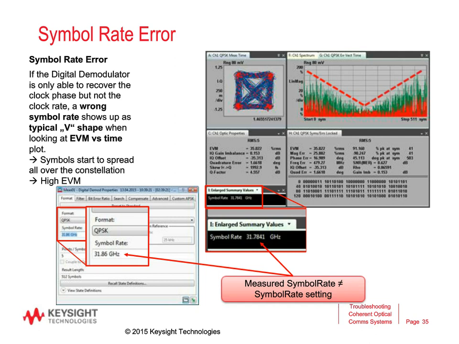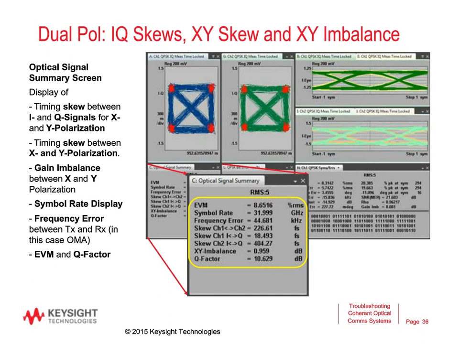We can even provide analysis on dual polarization signals. Again, IQ skews are possible. We extend this here to skews between the two polarizations, the X and Y polarization. And we can also report errors in the amplitude of the signals in the two polarizations.